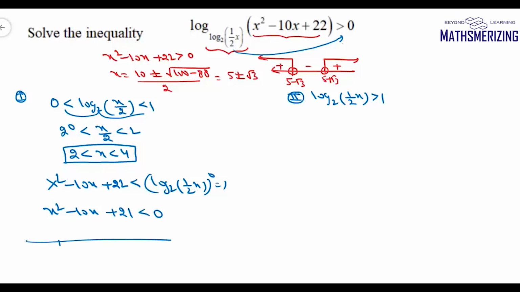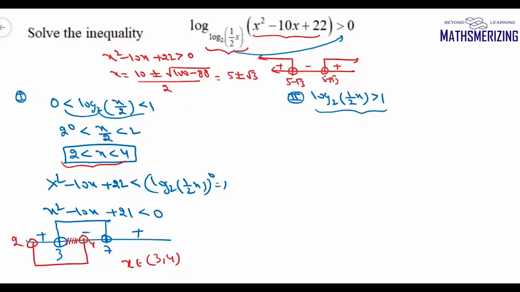If I factorize, I get 3 and 7. So it is plus, minus and plus. I need less than 0, so it should lie between 3 and 7. Now this result has come with the condition that x should lie between 2 and 4. So the interval common to both conditions is x belongs to (3, 4).